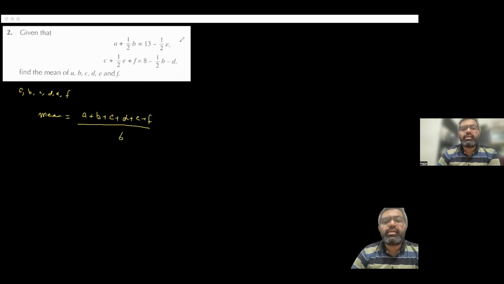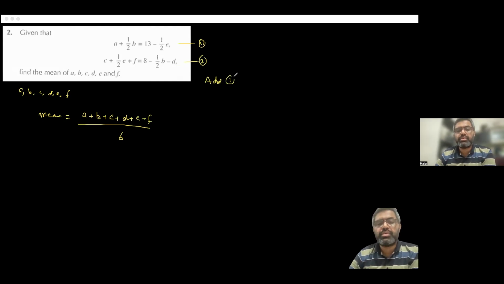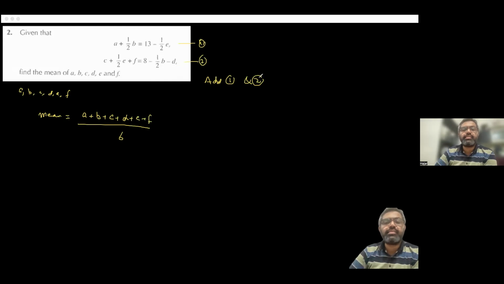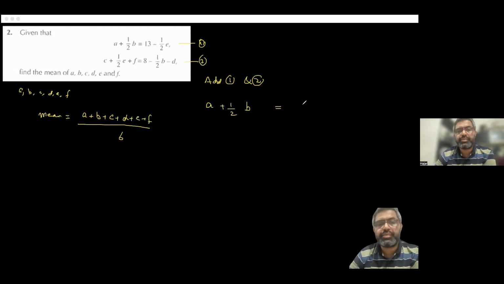Let's do it. Let's call them equation 1 and equation 2. We simply add them up and let's see what happens. So add 1 and 2. We add the right side to the right side and the left side to the left side. I'm just writing them on top of each other, so we will know how we are going to add these.